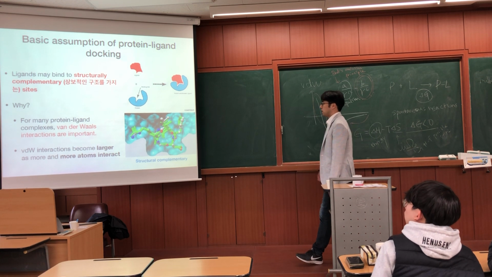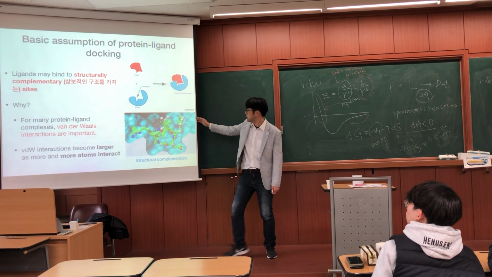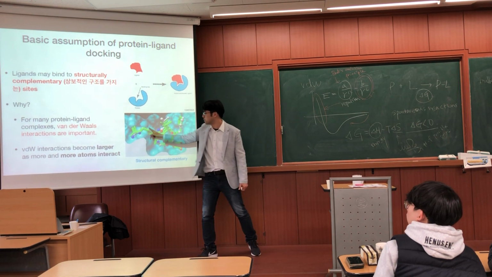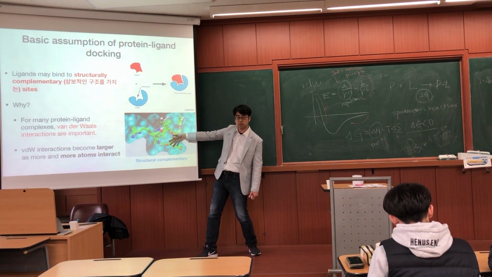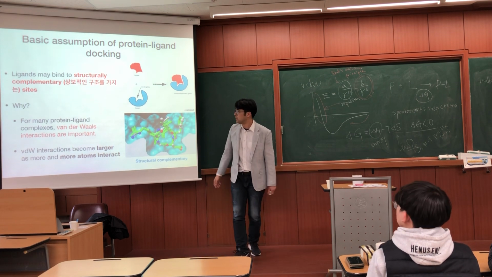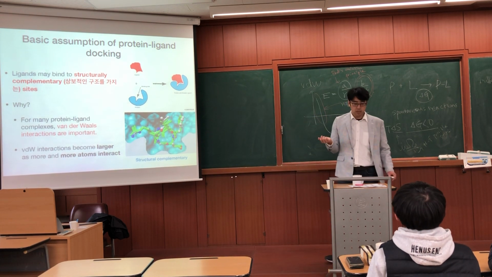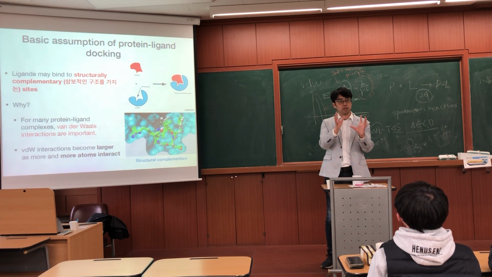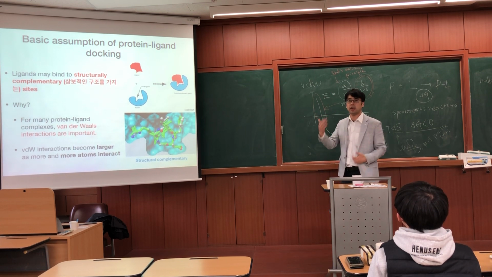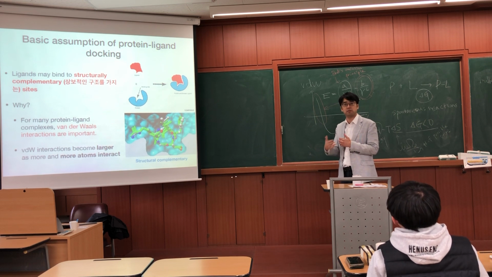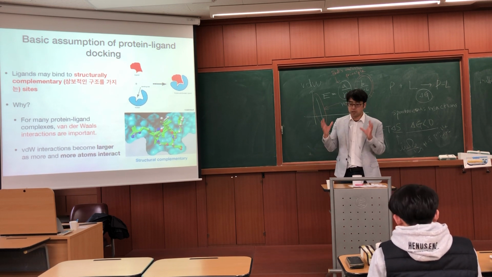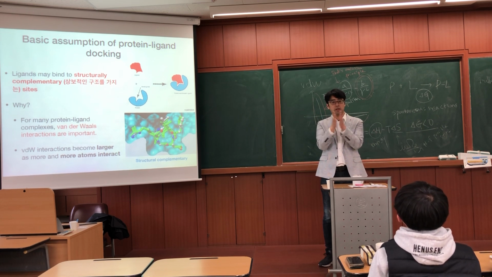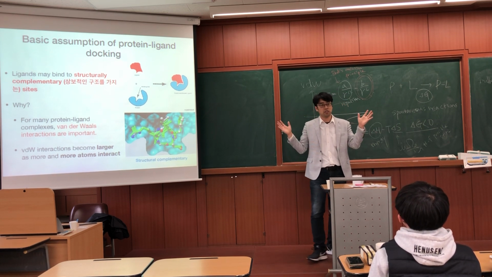And why is it so? Here, this is the protein surface, and this one fits to its protein surface very tightly, right? As I explained before, van der Waals interactions generally increase as the number of interacting atoms increase. So if more atoms are close, then van der Waals interactions are generally large.